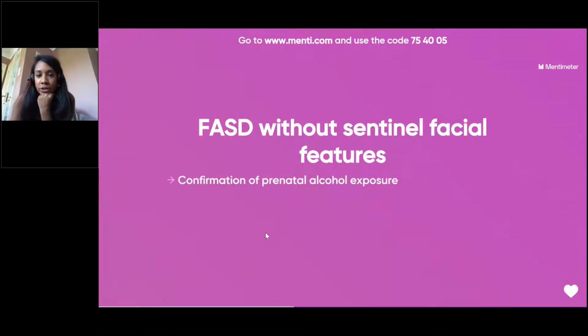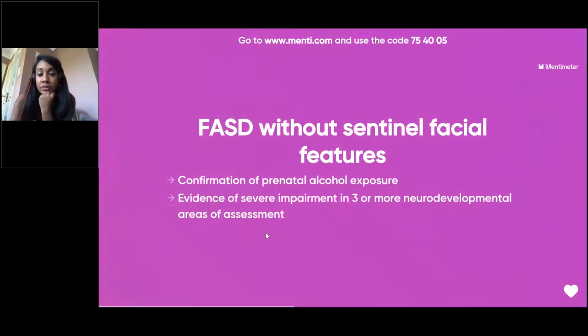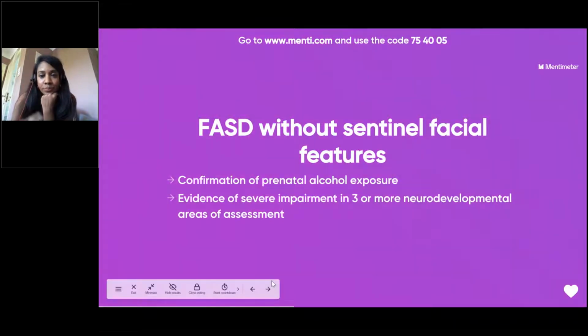So to make this diagnosis, and I'm talking about this based on the SIGN guidance, you have to have confirmation of prenatal alcohol exposure. You have to have evidence of severe impairment in 3 or more of the neurodevelopmental areas of assessment, which I'll talk about. And this actually was quite a big surprise to me.